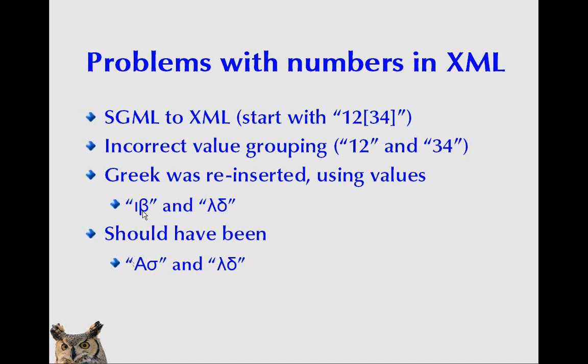What resulted was iota beta, so that was 10 and 2, and then lambda delta. This actually should have been capital alpha sigma for 1,200. So what we were tasked with was to go in, find all of these numbers, and correct them.